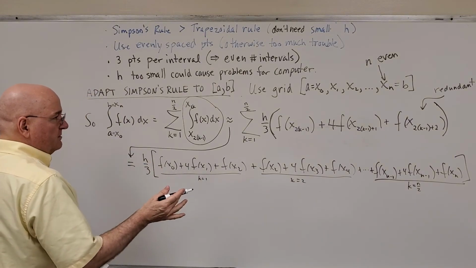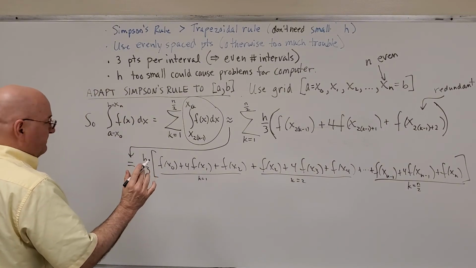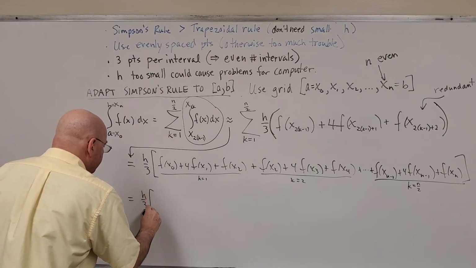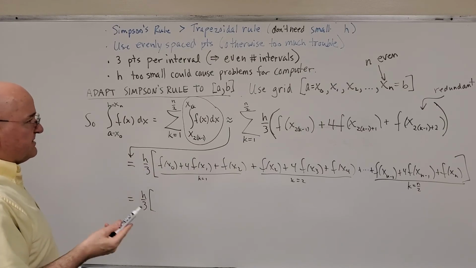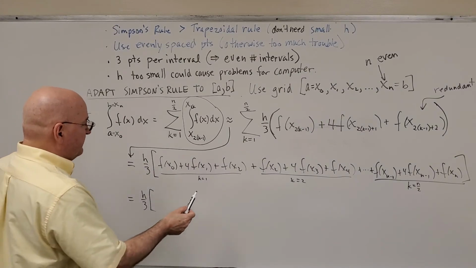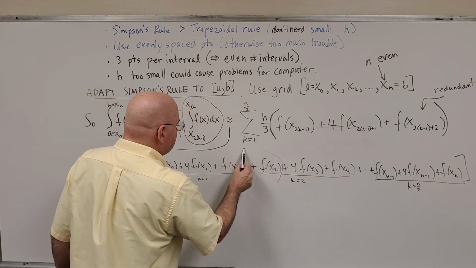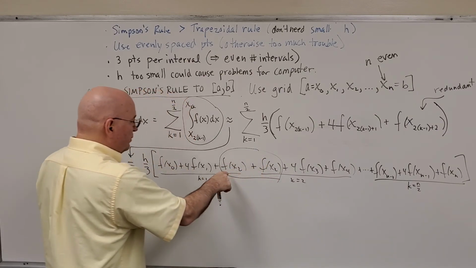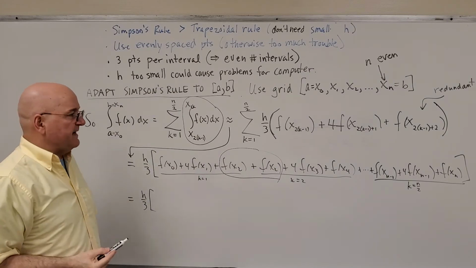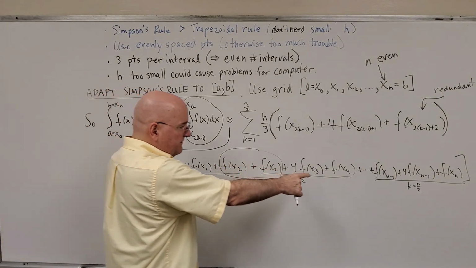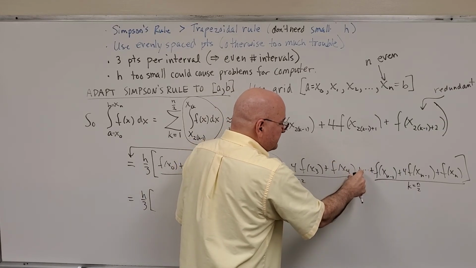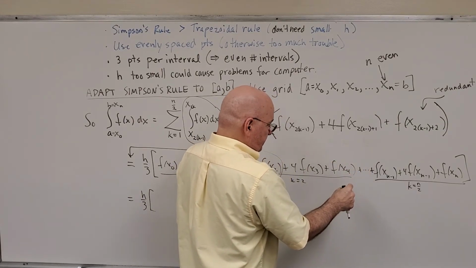So the final line, h over 3. Let's just combine everything that we can. Notice that this is going to show up twice. So f of x2 is going to be 2 f of x2. Well, notice that the same thing is going to happen for x4. F of x4 is going to show up twice. And so on.